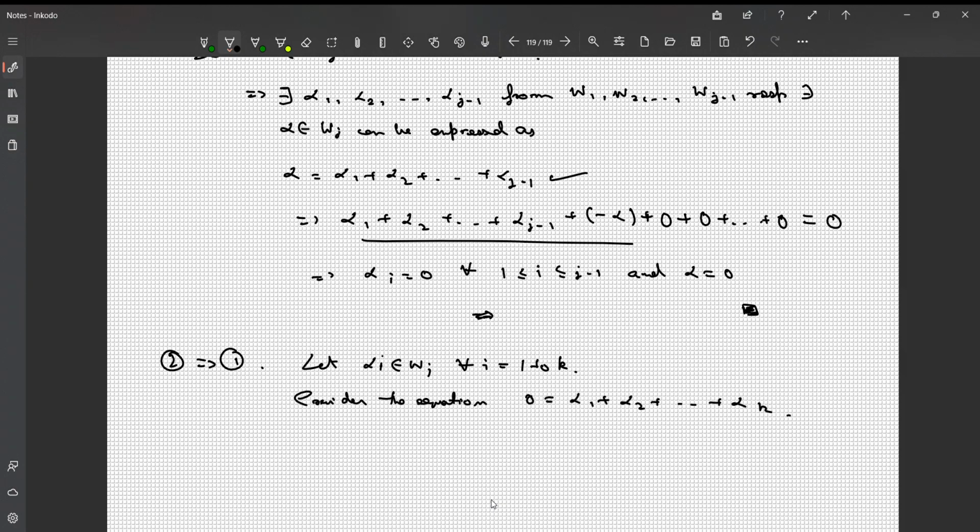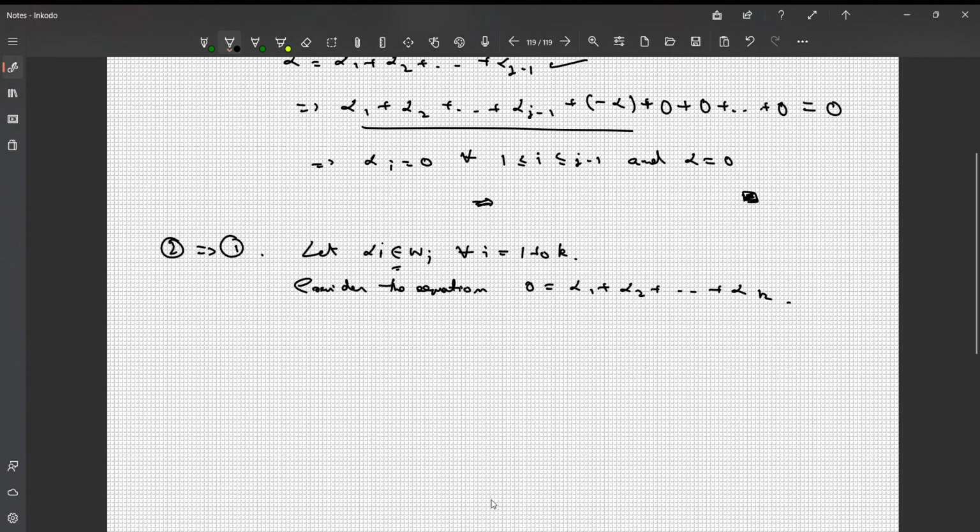Okay. Now what we do is that we choose some largest integer i, or rather I should say j, because we have already used the index i here. So we choose an index j which is the largest integer such that alpha j is not equal to 0. Then every element alpha j plus 1, alpha j plus 2 till alpha k are all 0 elements.